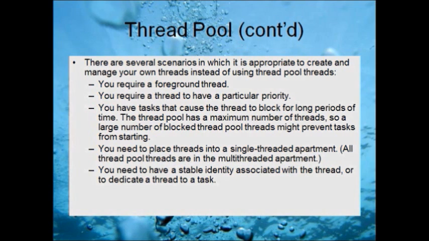The thread pool has a maximum number of threads, so a large number of blocked thread pool threads might prevent tasks from starting. You need to place threads into a single-threaded apartment. All thread pool threads are in the multi-threaded apartment. You need to have a stable identity associated with the thread or to dedicate a thread to a task.